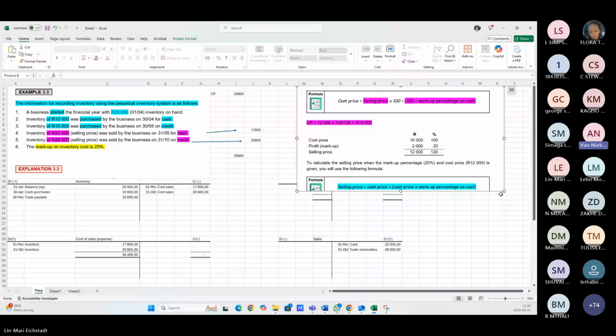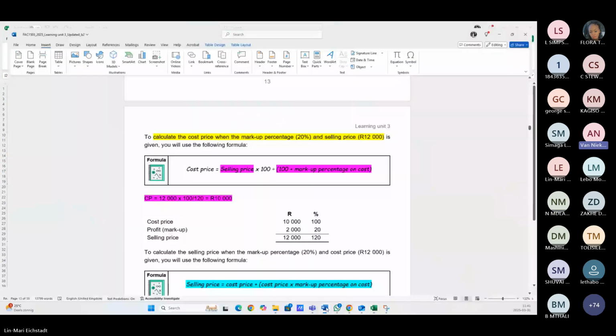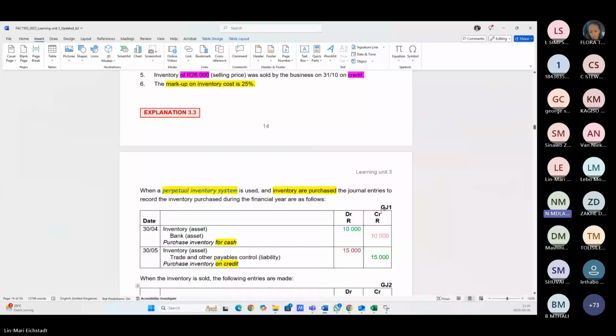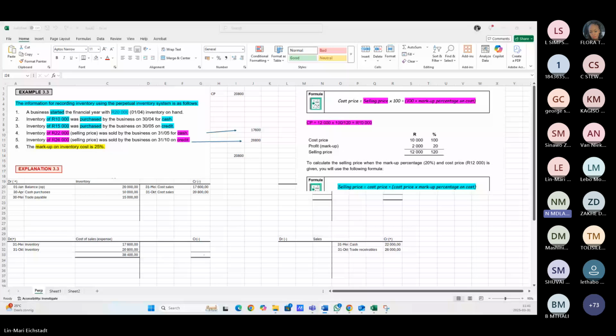There's one hand that's been up the whole time, but okay, she's speaking now. Yes, I still have my question regarding the cost of sales, which is why I had my hand up, and I said as we go through the unit, I'll ask questions.